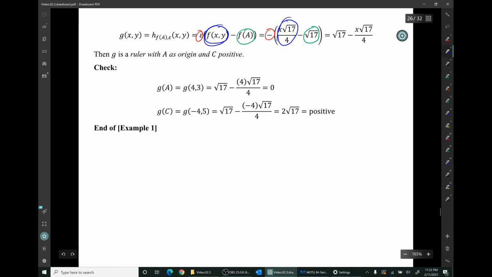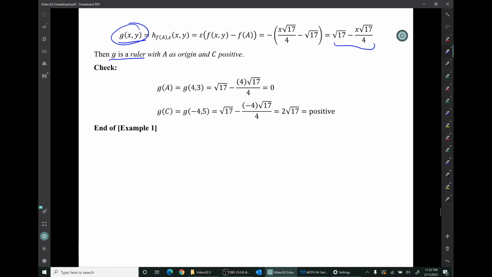It's this formula from the standard ruler. And this whole thing is a new formula for a new function that's called g. Well, when I simplify this, I get this, that g of x, y is that mess. Square root of 17 minus x times square root of 17 over 4. And the point of this is that g, this new thing, is a ruler. And it's a special ruler. It has a as origin and it has c positive.